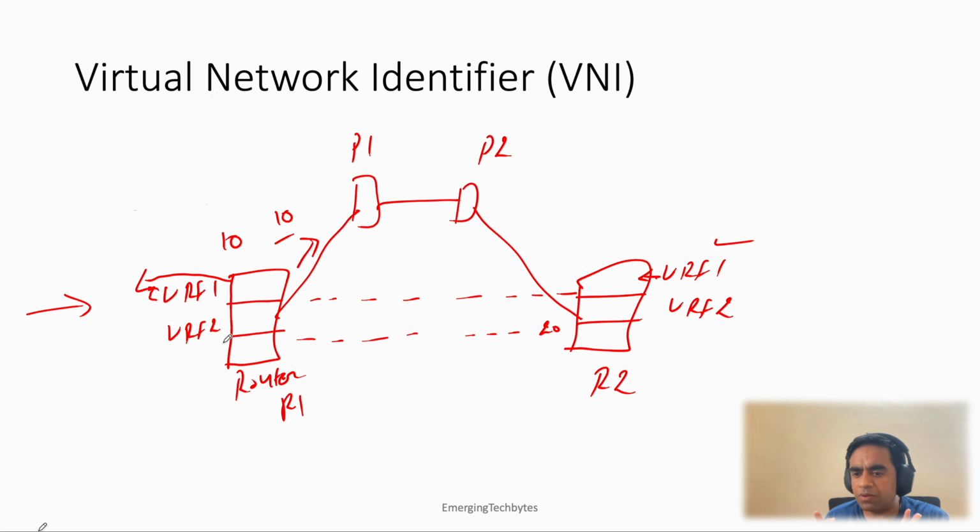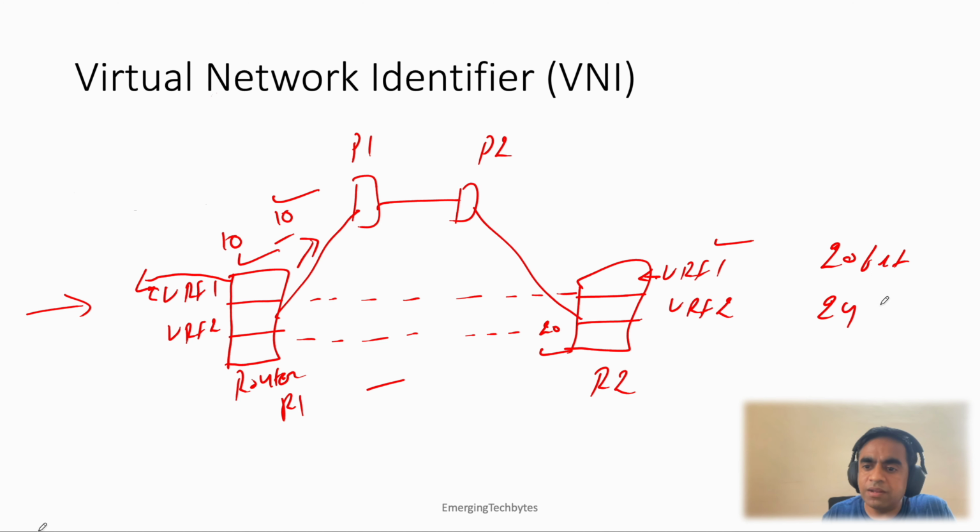Very simple scenarios. So this 10, this 20 is your identifier. They are your virtual network identifier. In MPLS, in this scenario, this is a 20-bit field.